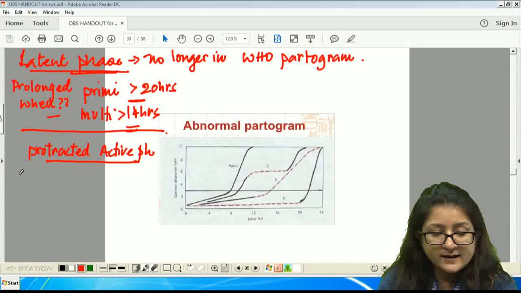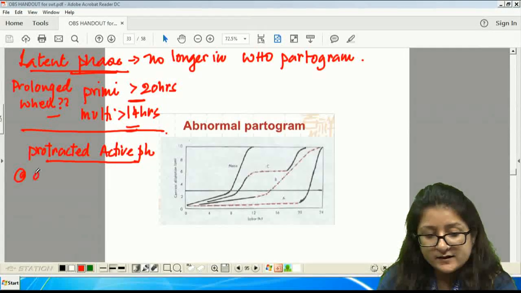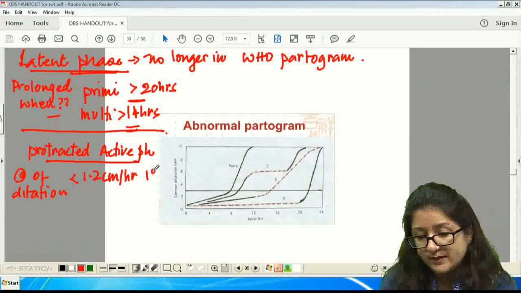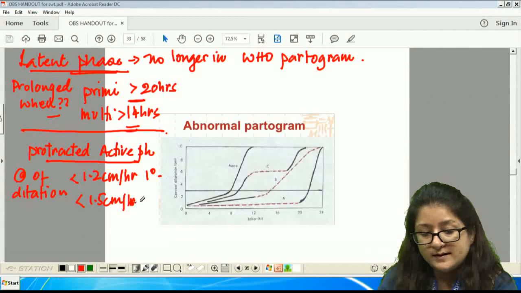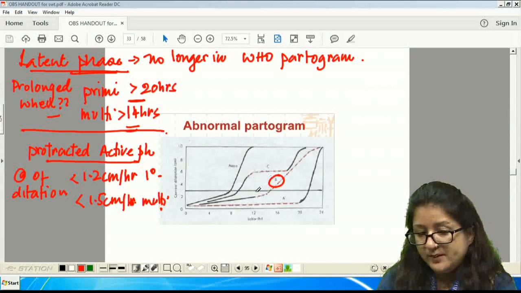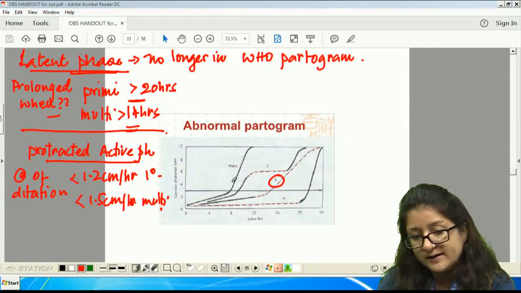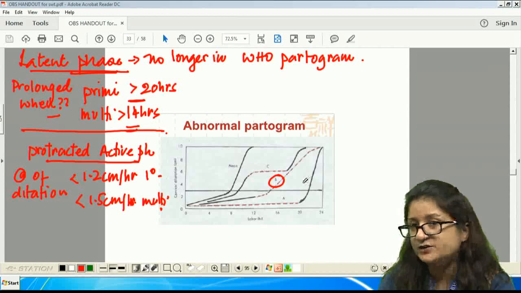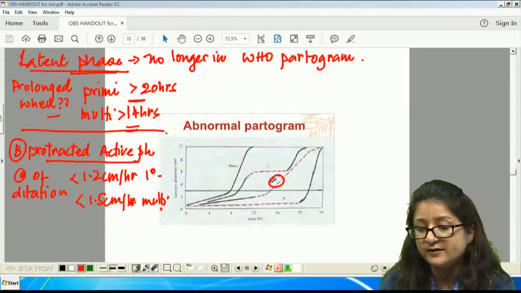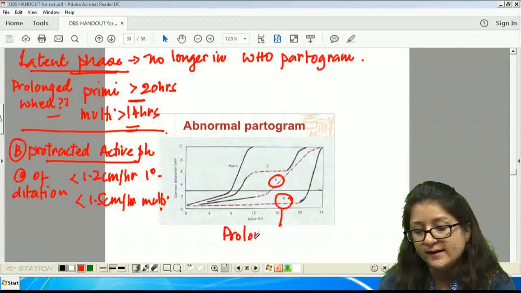That means the rate of dilatation is less than 1.2 centimeters per hour in primigravida and less than 1.5 centimeters per hour in multigravida, right? So figure B here would show that the slope of cervical dilatation has become less. So figure number B is showing what is called protracted active phase. Figure number A here is showing the prolonged latent phase.